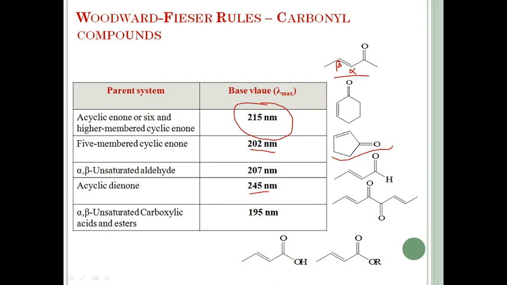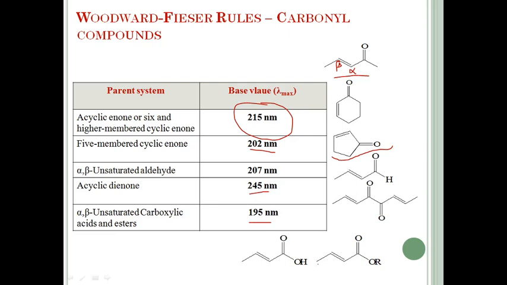Next point: alpha beta unsaturated carboxylic acids and alpha beta unsaturated carboxylic esters. For this system you have to give 195 nanometer. You have to know all the values, it is compulsory, then only will you get the correct lambda max values for the particular compounds. So for alpha beta unsaturated carboxylic acids and esters you have to give 195 nanometer.